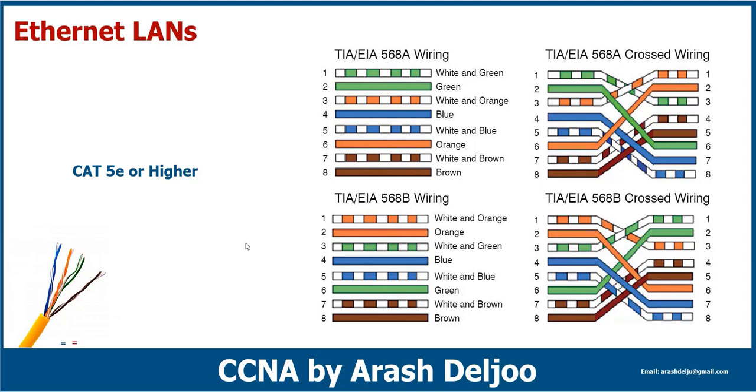Okay, until now we learned how we can connect two devices in one Ethernet LAN to each other. In some cases, maybe you need to use the straight through cable, and in other cases maybe you need to use the crossover cable. Don't forget, you should know the order of the colors. But in most cases, in a practical environment, you don't need to check the colors every time.